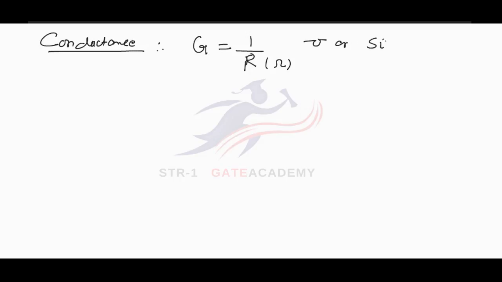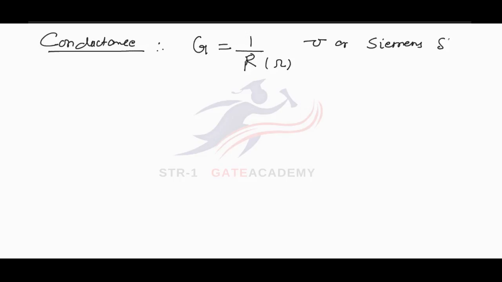Next, conductance. Conductance of the material is written as G, and it is the reciprocal of resistance of the material. The unit for resistance is ohms, then unit for conductance will be mho or Siemens.